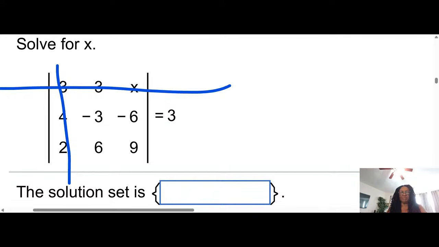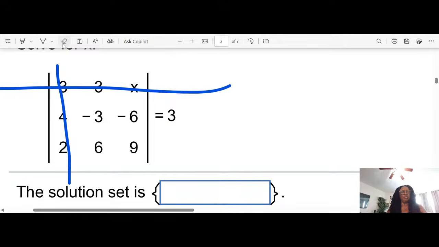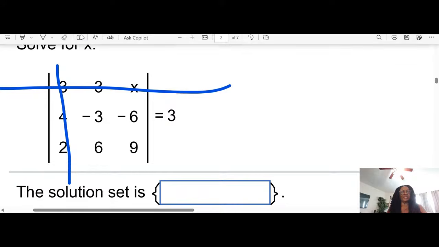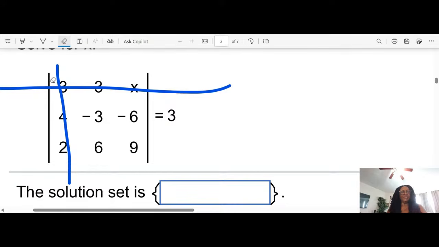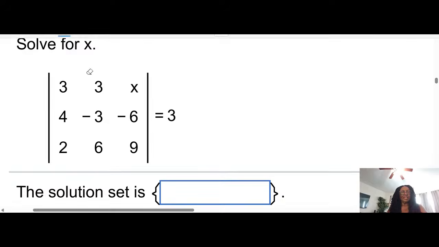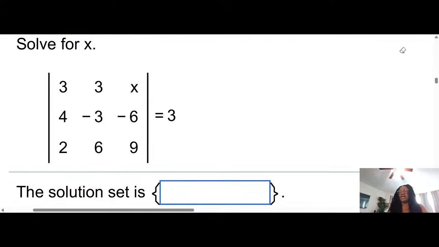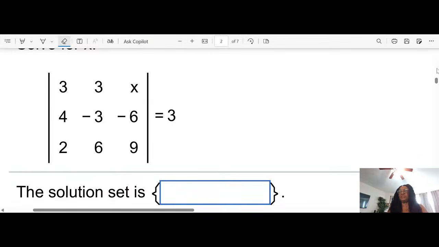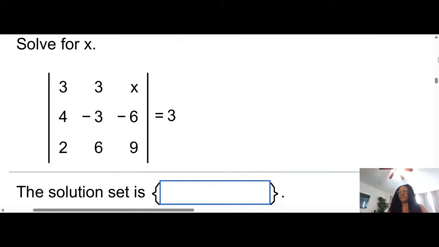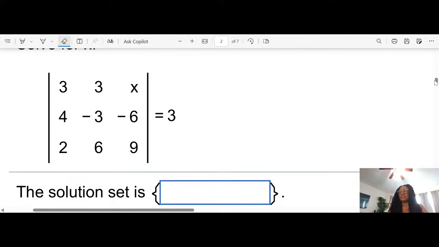What we want to do is make sure that, all right, so this is another matrix equation, and this is another equation that says solve for x. And it didn't tell you that it is a matrix. So you must know how to solve a 3 by 3 matrix before you can solve this equation.